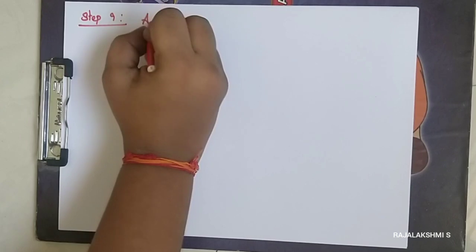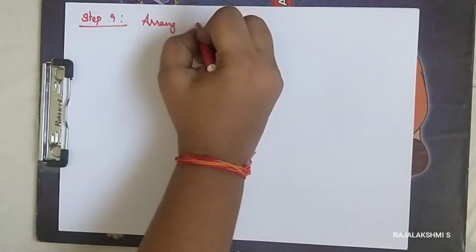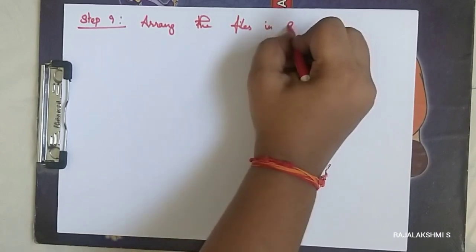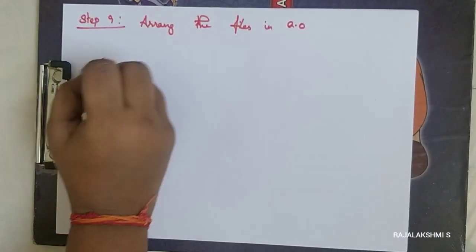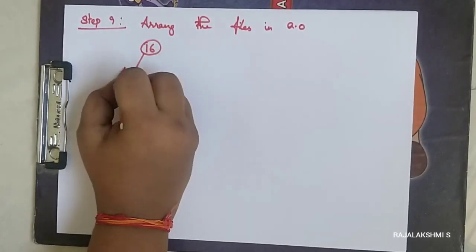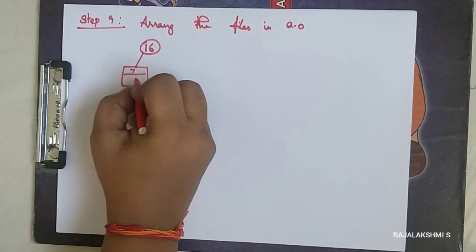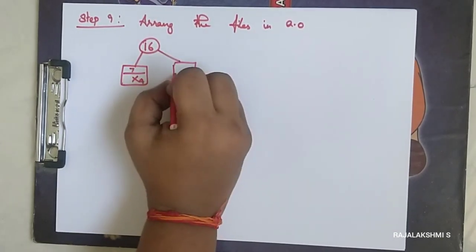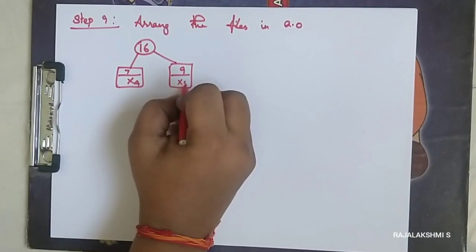So now arrange the files in ascending order. If we arrange the files in ascending order, we will have 16, and this is 7 x4 and this is 9 x5 here.